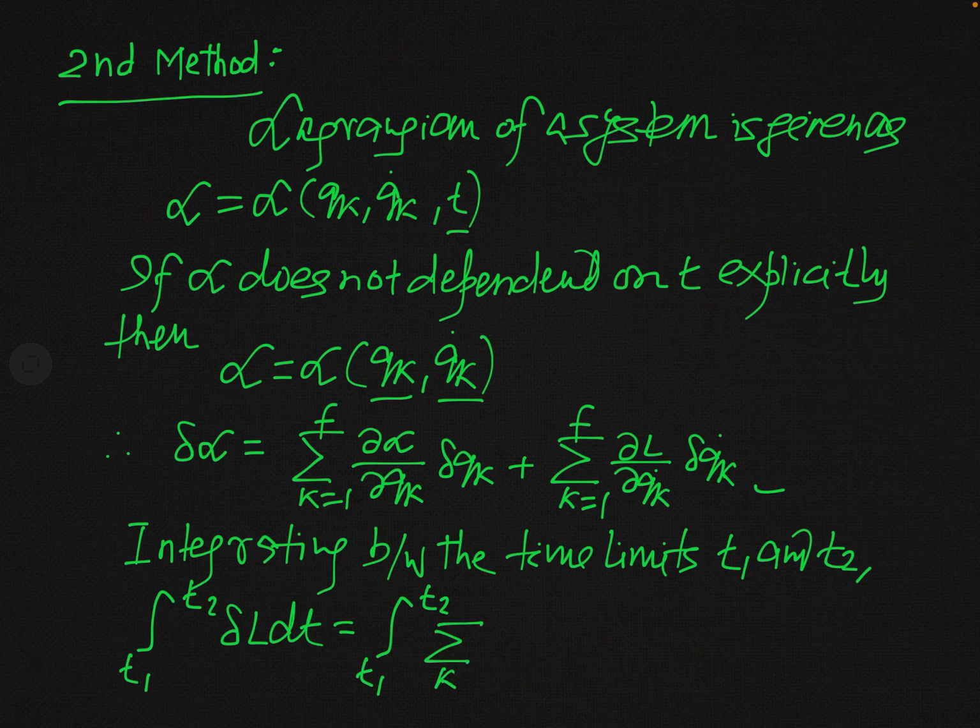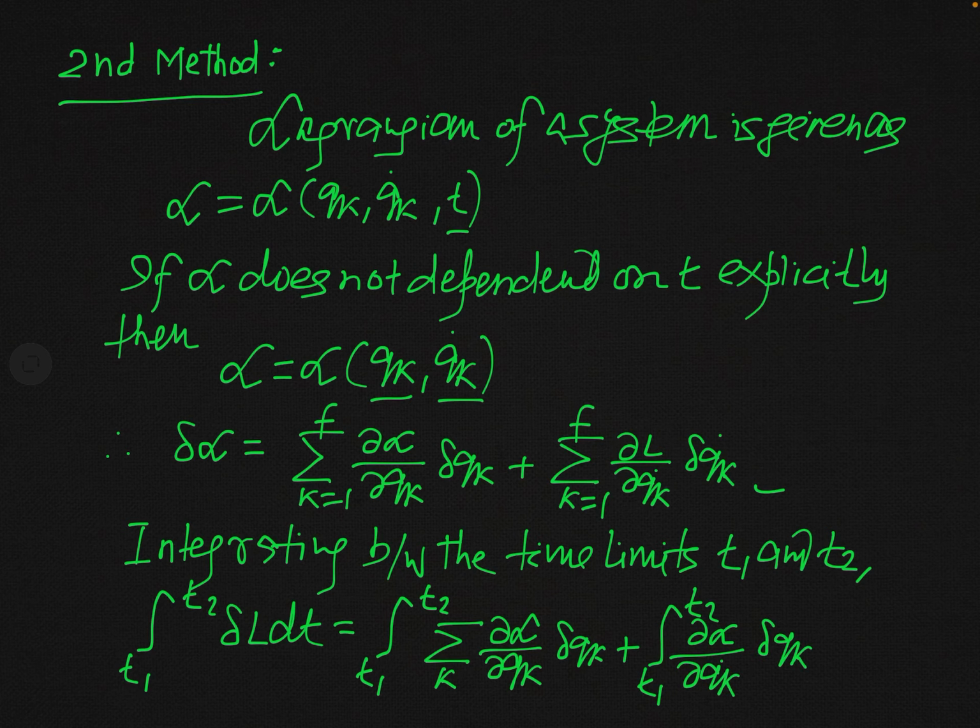So this is summation over k del L by del qk times delta qk, and plus integral from t1 to t2 del L by del qk dot delta qk dot. Say this is equation number 1.